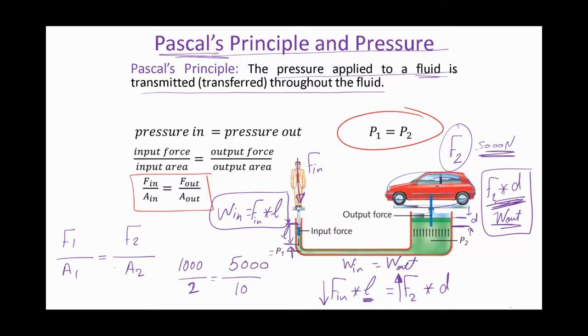So what about the L and the D? That means the L must be a long distance and the D must be a short distance. To equate the works on both sides, you have to move a long distance L to just raise the car a short distance D. And we are talking now about 100% efficiency, a perfect machine. If it has lower efficiency, the issue will be worse. You will need to move a longer distance to lift the car a shorter distance. Okay?